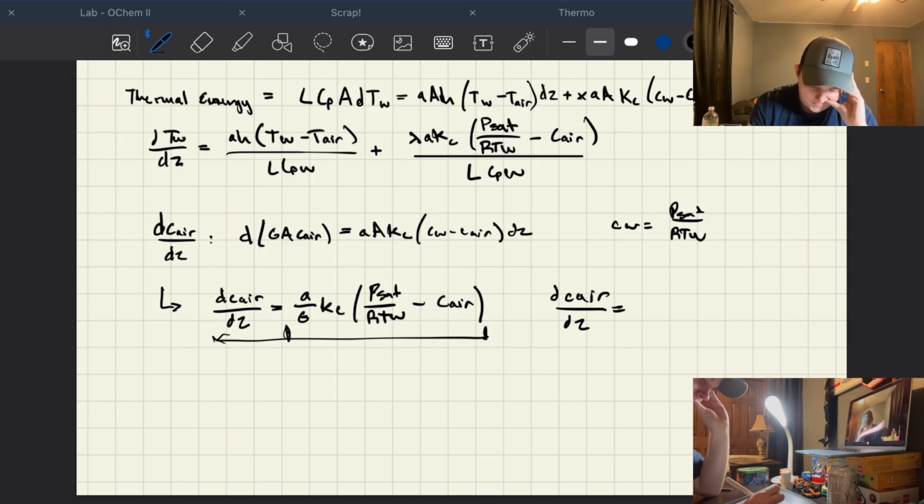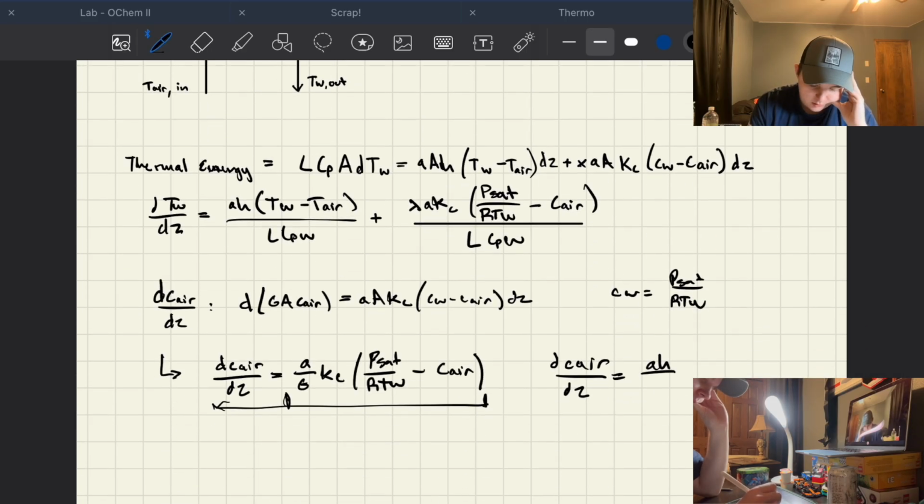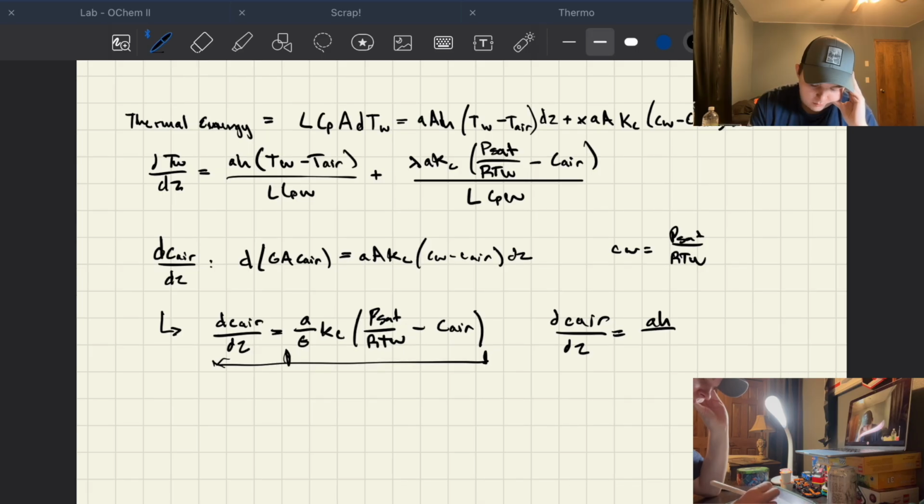So when you simplify, we're going to get AH over, because we're going to need GPC air. I know what that means. Over P, yeah, RT, okay.